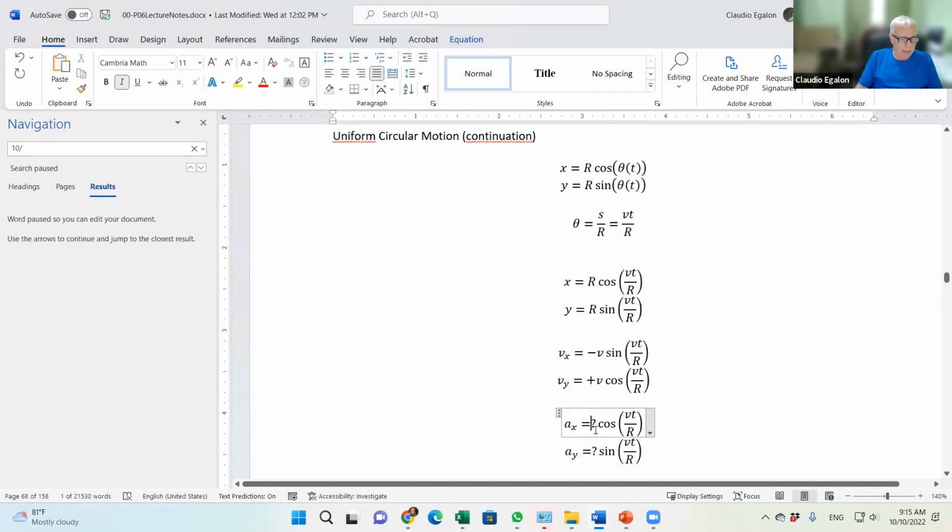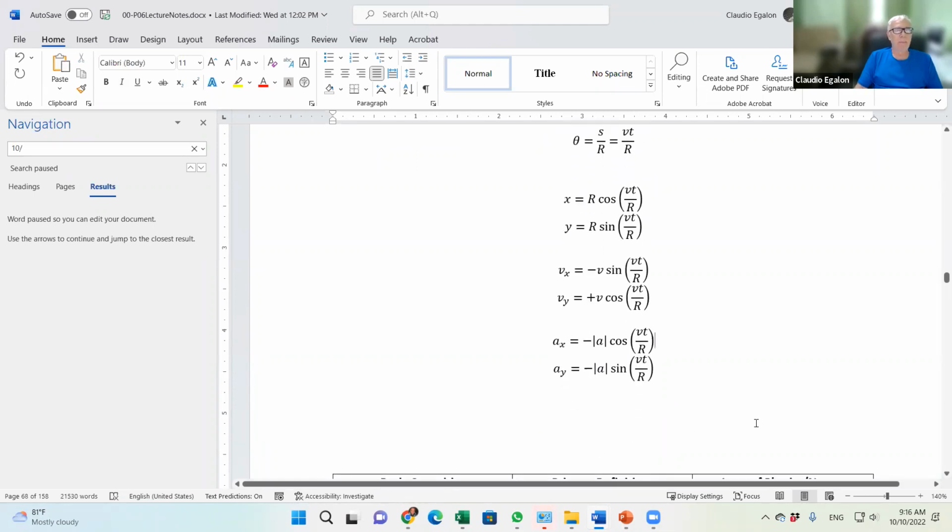But let's not forget, it's going to be minus and minus. What's going to be here in front is the magnitude of the acceleration, right? I'm going to put it like that. And then we're going to find out exactly what the magnitude of the acceleration is. Makes sense?